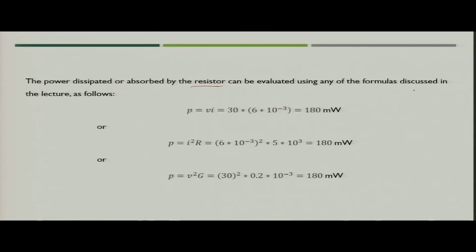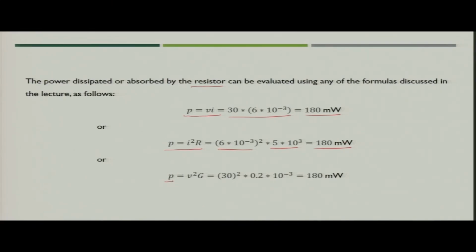You can use any formula which we have discussed till now. Let us take one formula like P is equal to V I. When you put the value of V and I, you will directly get the value of power dissipated, that is 180 milliwatt. Similarly, P can also be represented as I square R. So, put the value of current I. I square into R, if you put the value, again you will get the same value of power dissipated, that is 180 milliwatt.